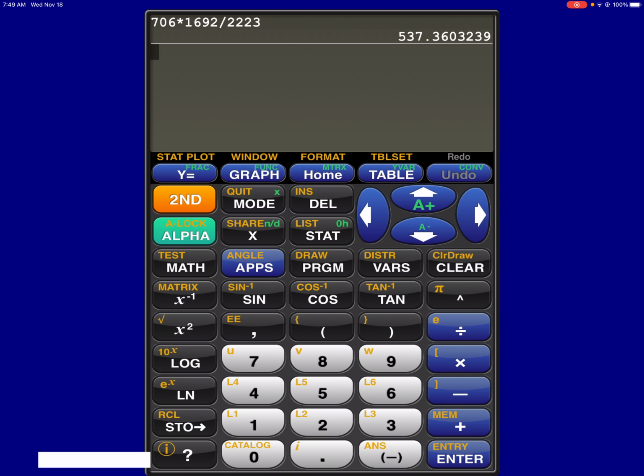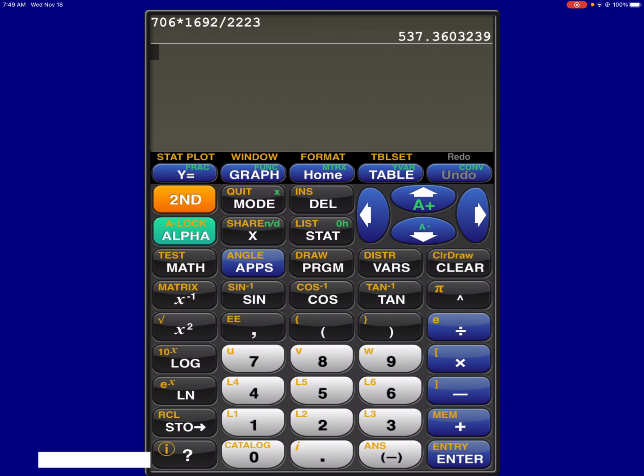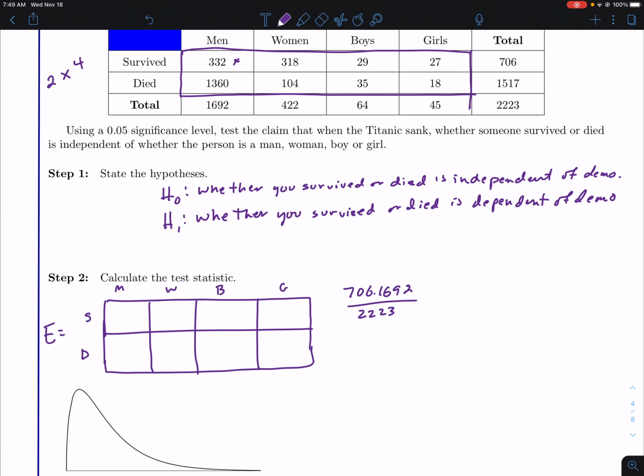So 537.36. Basically what we're doing with the expected value matrix is trying to come up with sort of an average of what should have occurred. So in reality, if it was kind of evenly distributed, what would we have actually gotten in that case?